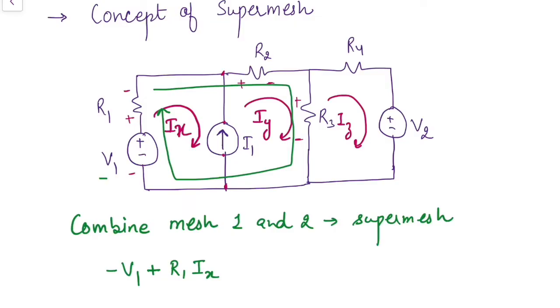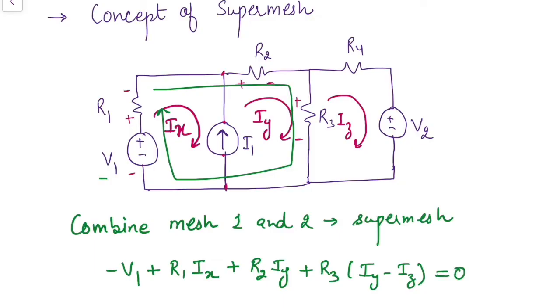Now when we move to the second mesh, we have to consider the current of the second mesh, that is current Iy. So the drop across R2 is R2 into Iy, plus R2 into Iy, then the drop across R3, positive sign, plus R3 into the resultant current through this R3 in the direction of Iy. So that will be Iy minus Iz, equal to 0.